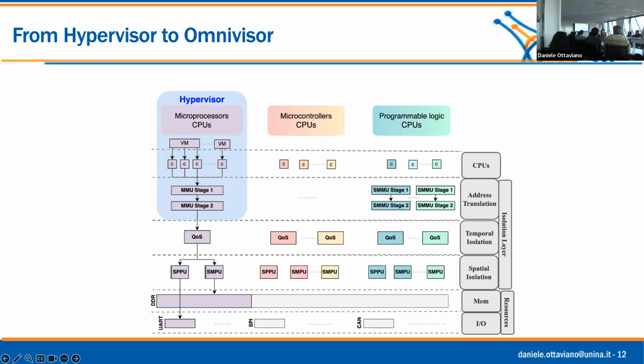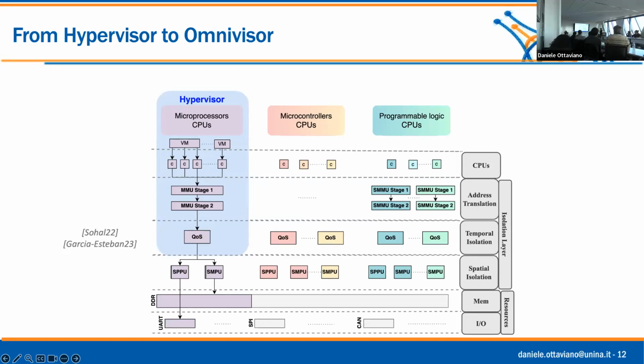There are some works that touch the QoS. Lately it has been tested that QoS can be used for real-time purposes. So it is possible somehow to use this kind of mechanism to regulate the bandwidth allocation for several masters in the system and provide real-time guarantees.